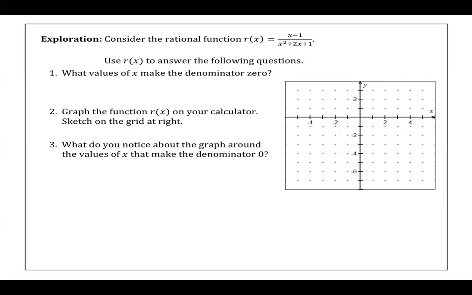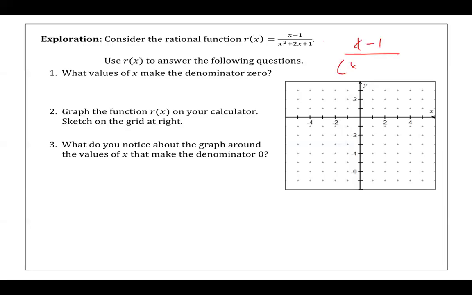Well, I have x squared plus 2x plus 1. So essentially I'm asking, in factored form, what would make this equal to 0? In factored form, what would that be?